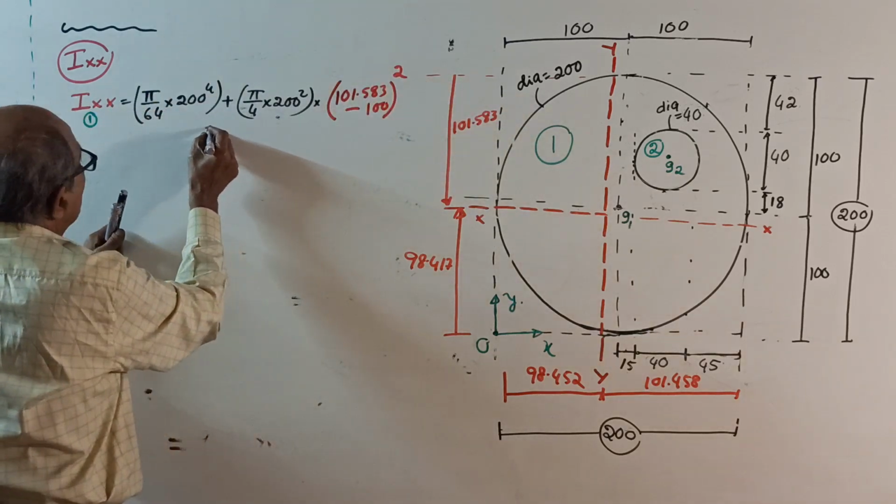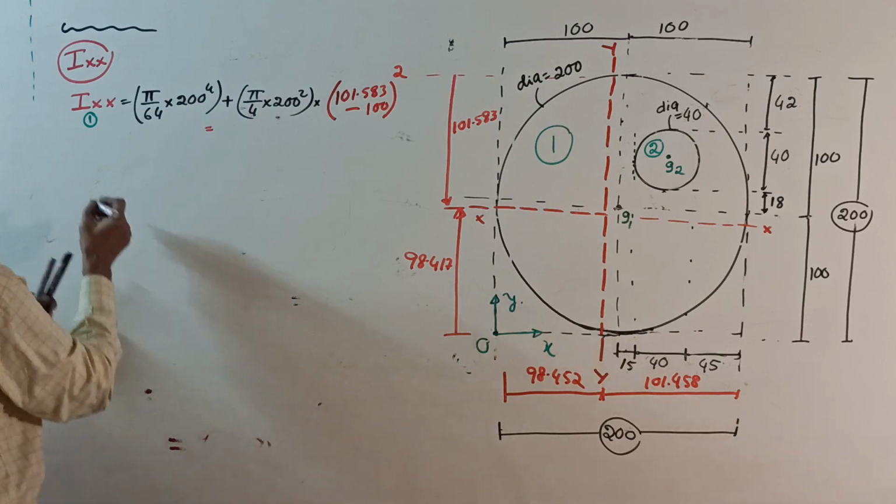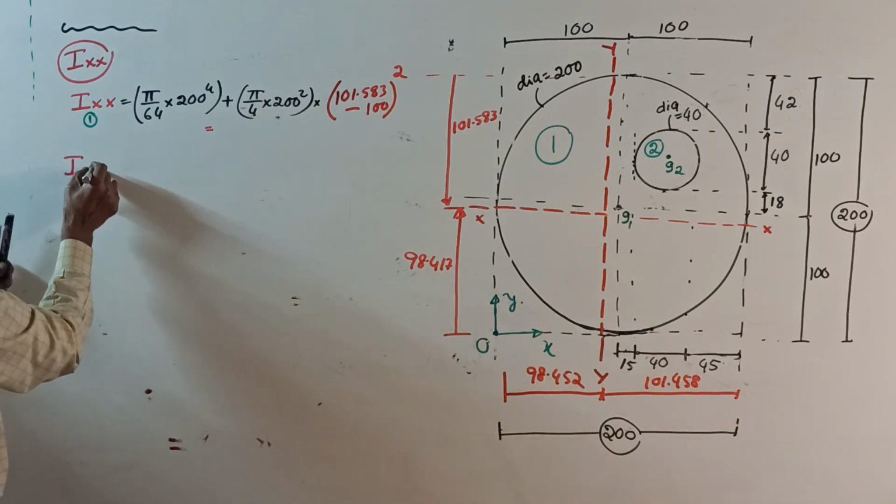Get the value of Ixx for 1. Then Ixx for 2.